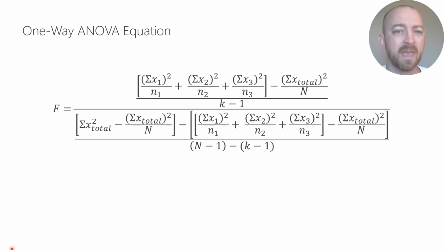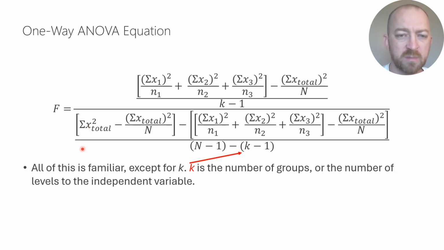Now, you also will hopefully notice that all of these symbols look very familiar. If you've been following these videos at all, we've done all of this. Sigma x sub 1, very similar to our previous independent samples t-test, for example, that's the sum of everybody from group 1, right? The sum of all of the x scores from group 1. Everything looks familiar. Now, one thing that's maybe a little bit different is we haven't seen the letter K before.